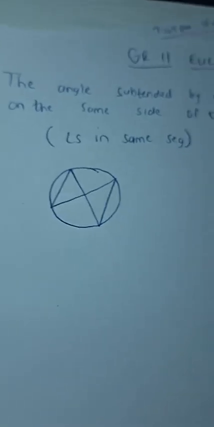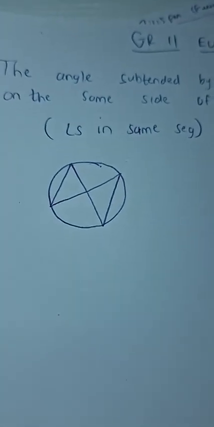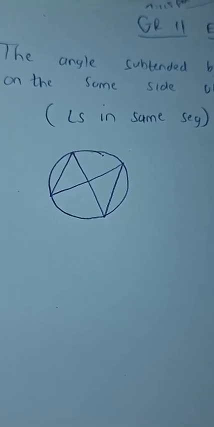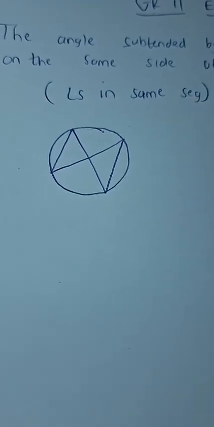All four are touching the circumference of the circle. That's what differentiates the bow tie of angles at the center is 2 times the angle at the circumference, and the bow tie that relates to this particular theorem.